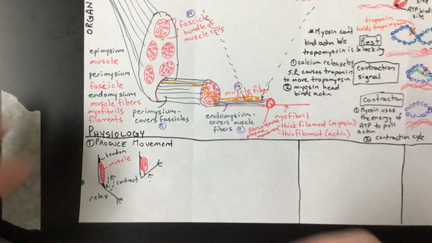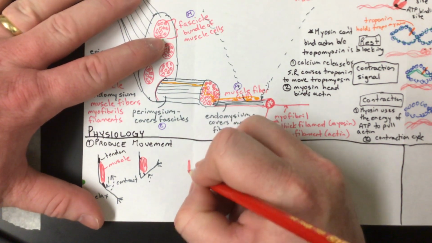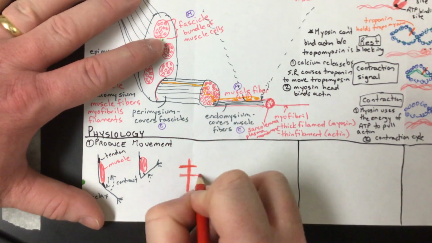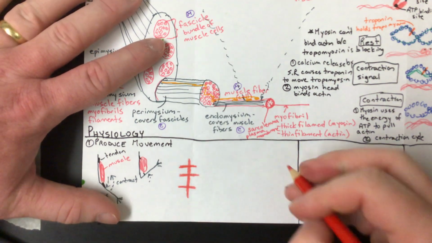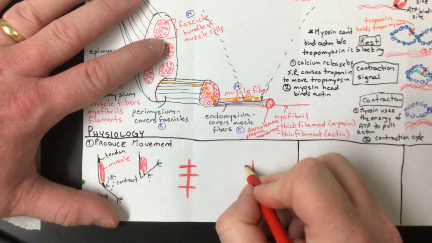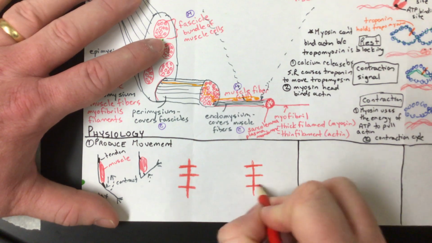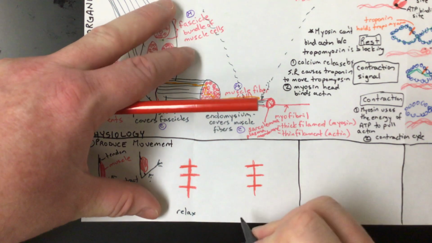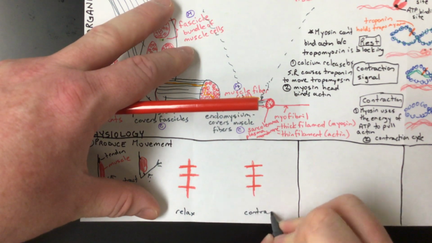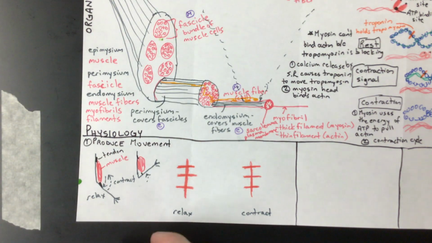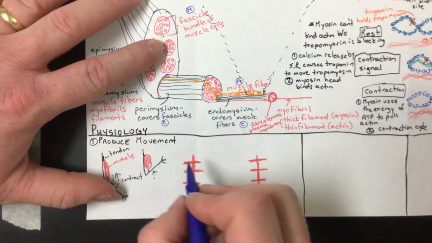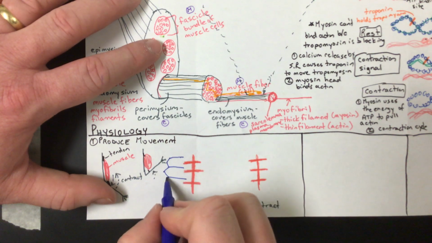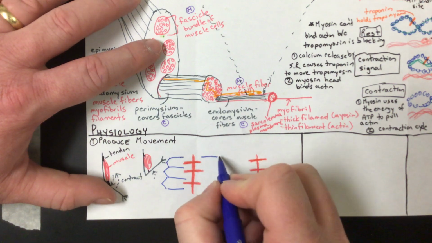Now what happens is you can actually see contraction at a microscopic level. So I'm going to draw some of our thick filaments in there, and notice that the thick filaments look the same when the muscle is contracted or relaxed. Now I'll draw in these thin filaments.